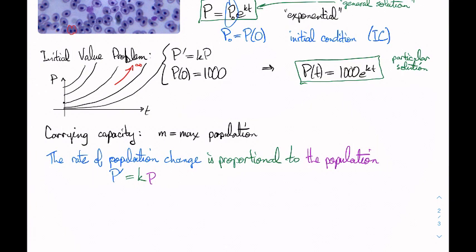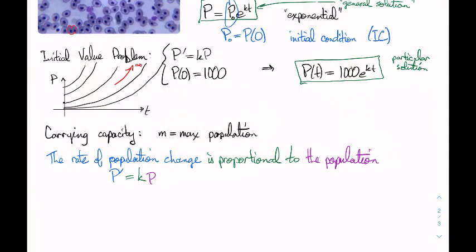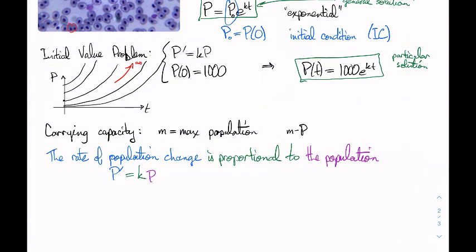Now, if we want to have something that's dependent on how much space is left in the system, then let's see. So M is the maximum population. So how much space is left? Well, M minus P then is going to be the amount of remaining space.